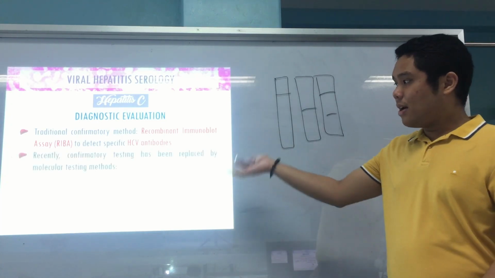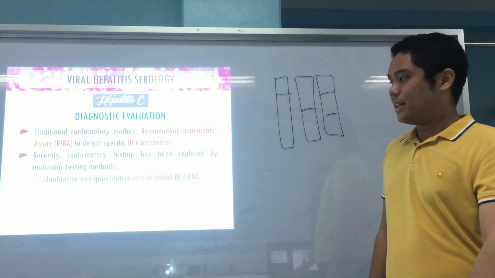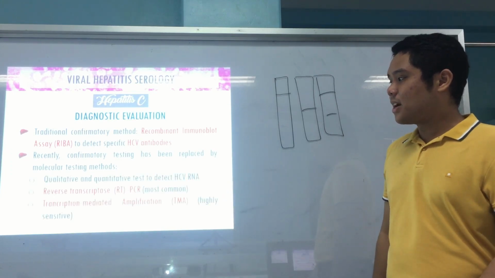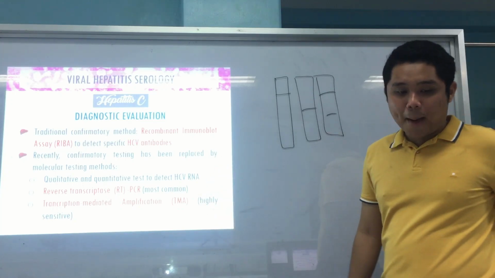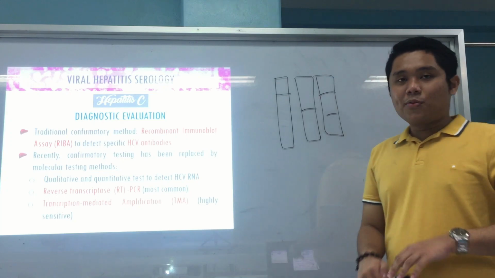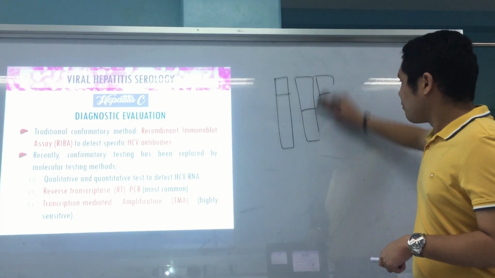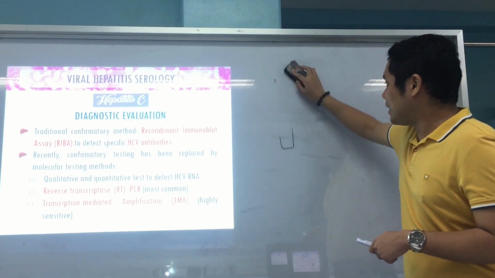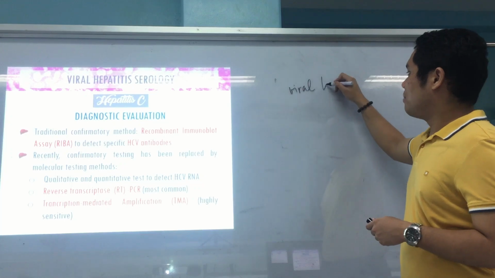But that's traditional. Nowadays, ang confirmatory test na is through molecular methods. PCR, di ba? Ayan. So, quantitative, qualitative PCR, RT-PCR, again, most common, and transcription-mediated amplification or TMA. Now, for quantitative PCR, usually, we perform this to detect what we call your viral load. Ayan. Please take note.